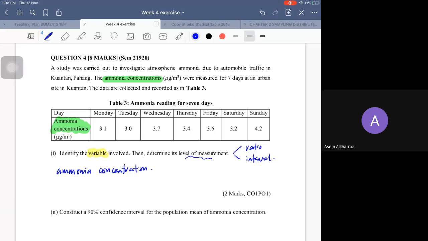Ratio data, that's right. Remember, ratio data means that when it's zero, it is none. So when the ammonia concentration is zero, it means nothing is there. That is why our ammonia concentration is ratio.